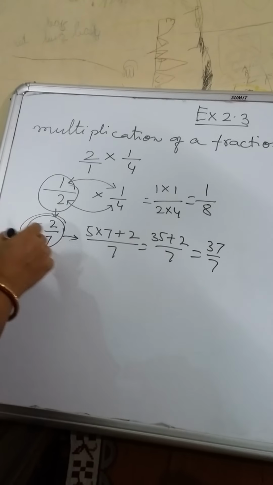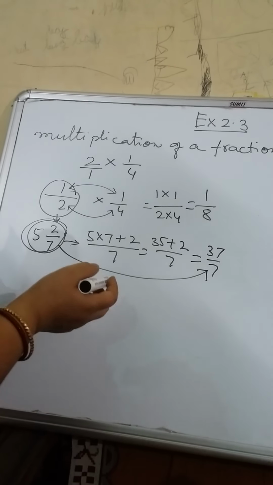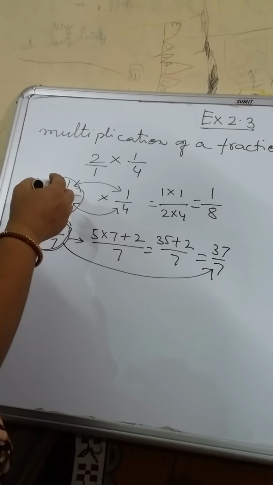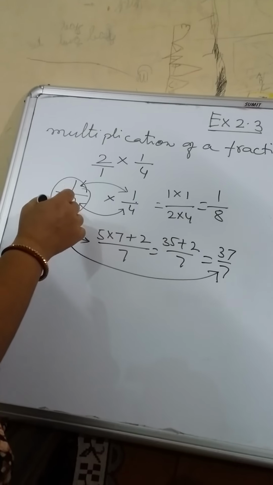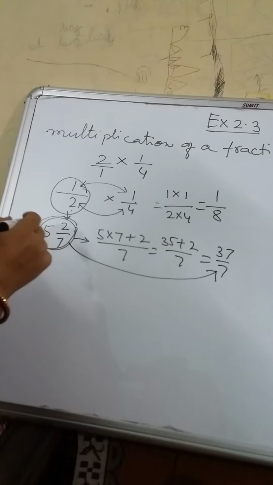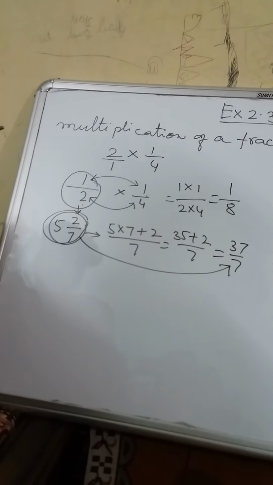First you have to convert this mixed fraction into an improper fraction, and continue the multiplication as numerator into numerator and denominator into denominator. Okay, so let's start exercise 2.3.